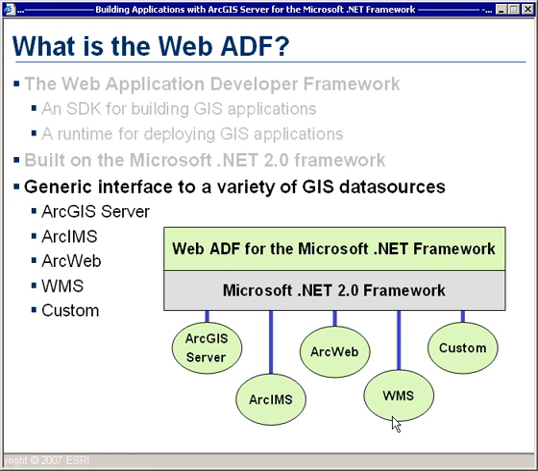That's an OGC format on the internet. So all of these, and in fact you could build your own service type that could plug into the Web ADF. All of these can be used in a single application. So yes, we can use services from ArcGIS Server, but we can also use them from a wide variety of data sources.